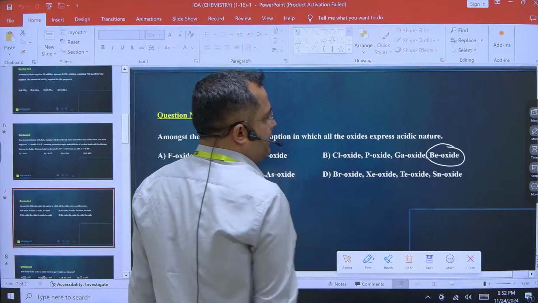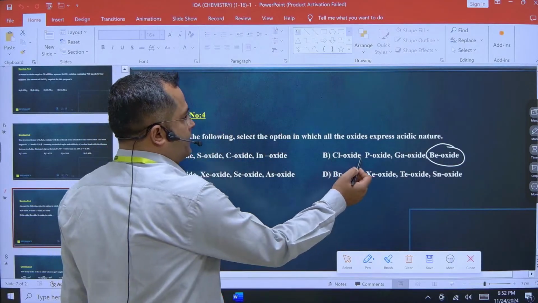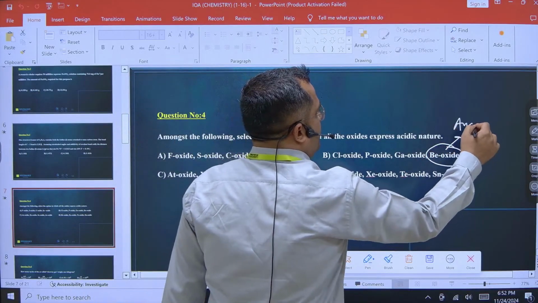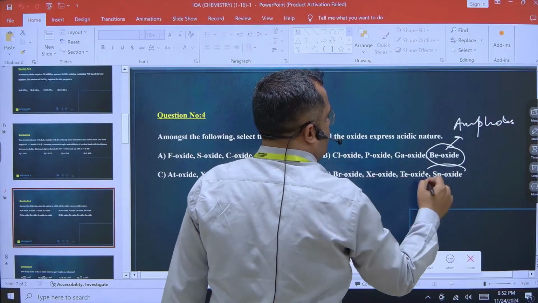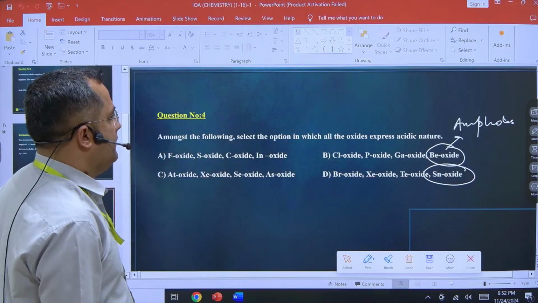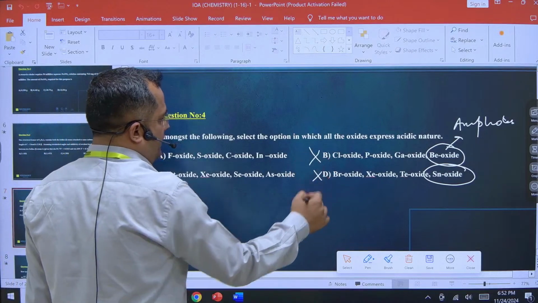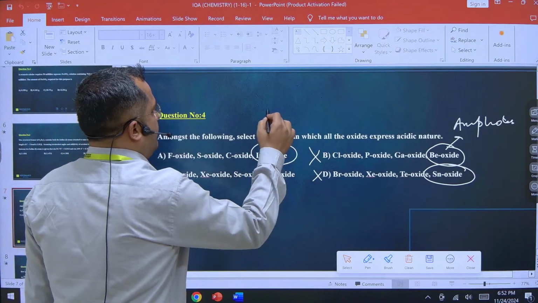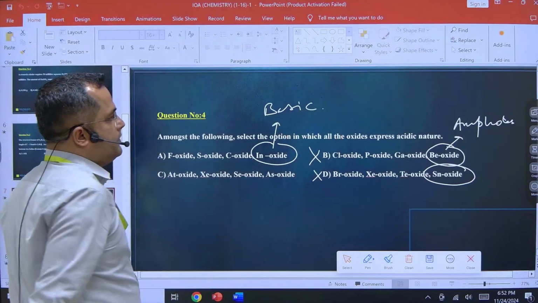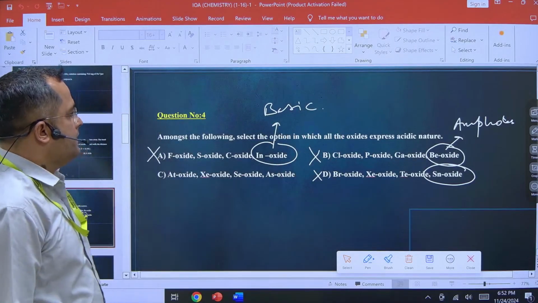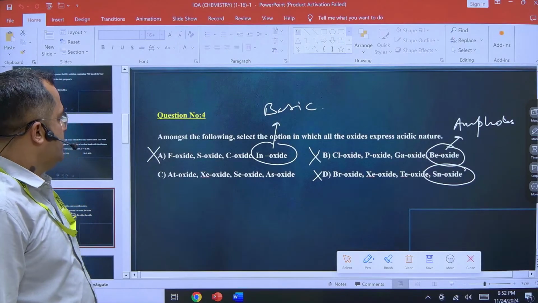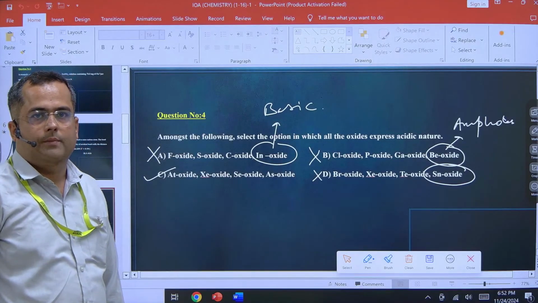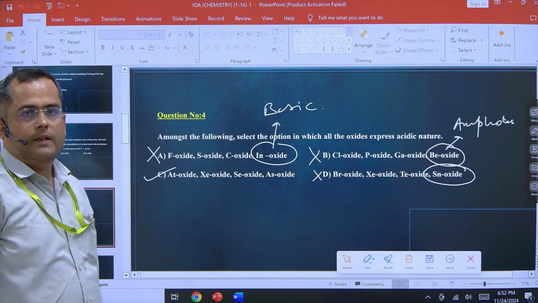See here, it is here to confuse, because chlorine is there, phosphorus is there, gallium is there. Beryllium is forming not acidic, it is forming amphoteric. And tin also is forming amphoteric. So from my side, B and D won't be the correct option. And indium is forming basic oxides, not acidic. So we can clearly discard A, B and D. So option C is the correct one. In option C, all the elements will form acidic oxides.